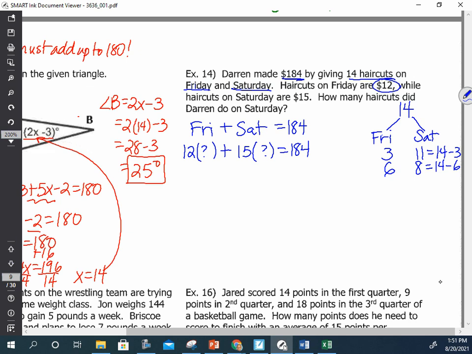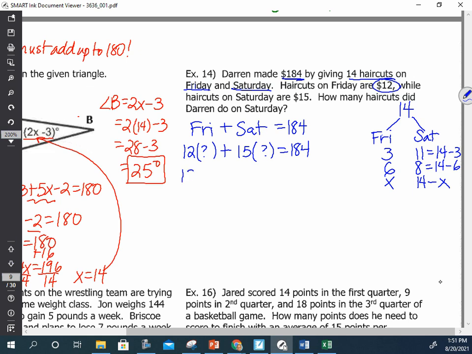So if he did x haircuts on Friday, then on Saturday he did 14 minus x. To get however many he did on Saturday, he has to do 14 minus the number he did on Friday. So now we have the expressions that we need to solve this problem.